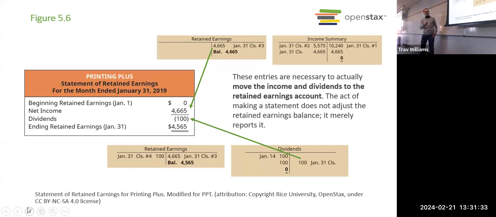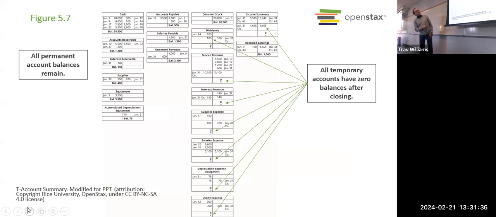No? Okay. What do we see here? All of the permanent accounts, oh, over here. Okay, the ones with the green arrows, those are the temporary accounts. At this point, those have all been closed out. All of the revenue, which we see here, all of the expenses, the income summary account has been closed out, dividends have been closed out.